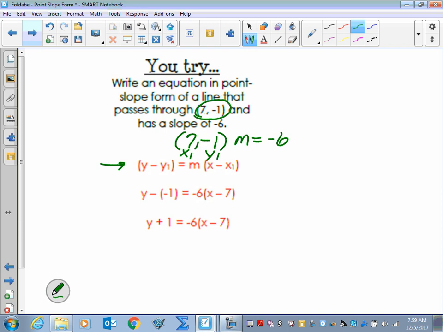Of course, minus a negative changes that to a plus. So that's how you ended up with y plus 1 instead of the y minus 1, because it was minus a -1. All right? Drop your slope where it's supposed to go, and then drop your x1. And there again, there are your three numbers. Okay, so I'll give you a second to copy that down.